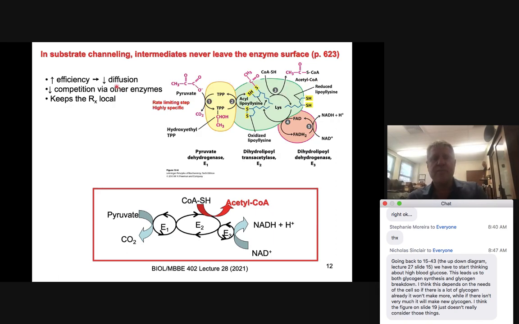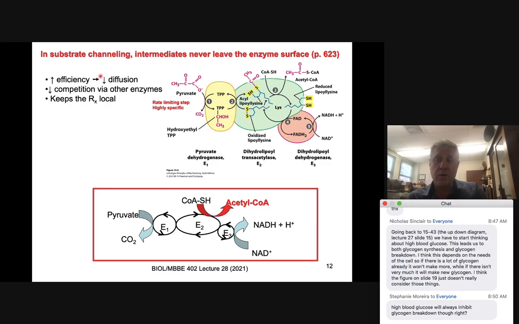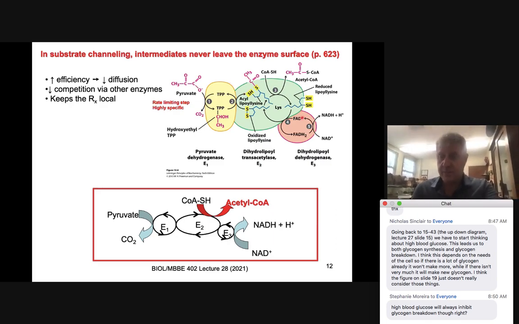In this particular process, it increases the efficiency, decreases diffusion of the enzyme products, i.e. substrates, and basically keeps the reaction very local. So it's an illustration of substrate channeling in regards to the intermediates actually never leaving the enzyme surface. They're basically handed off to each of the other individual enzymes in the particular pathway to increase the efficiency.